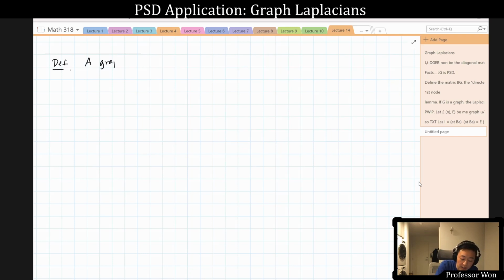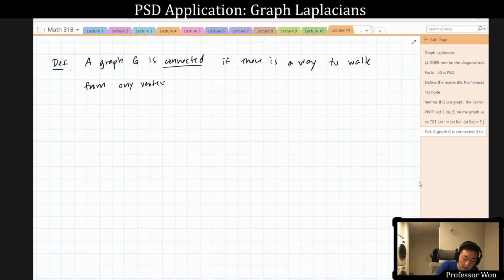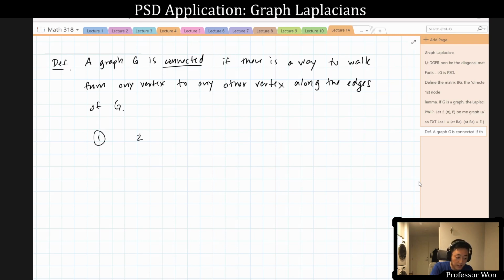A graph G is called connected if there is a way to walk from any vertex to any other vertex along the edges of G. We're going to look at this example where you have edges here and you have edges here, but no edges between them.